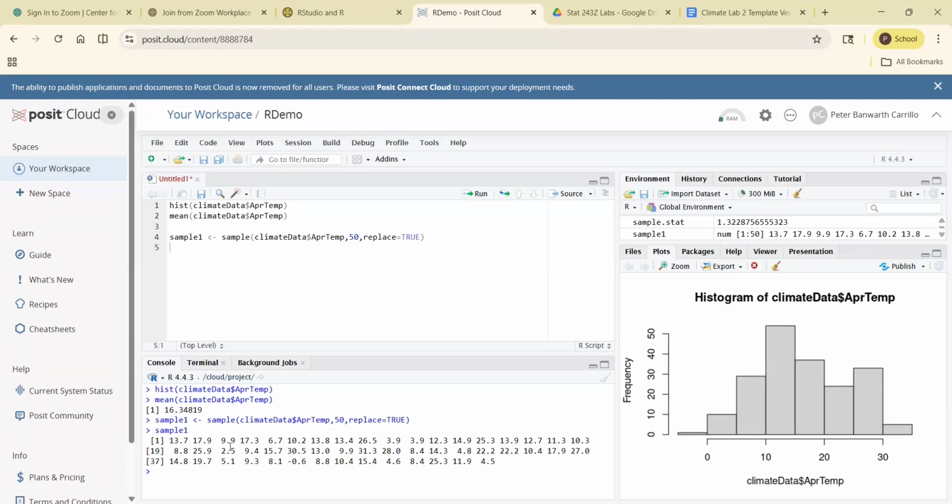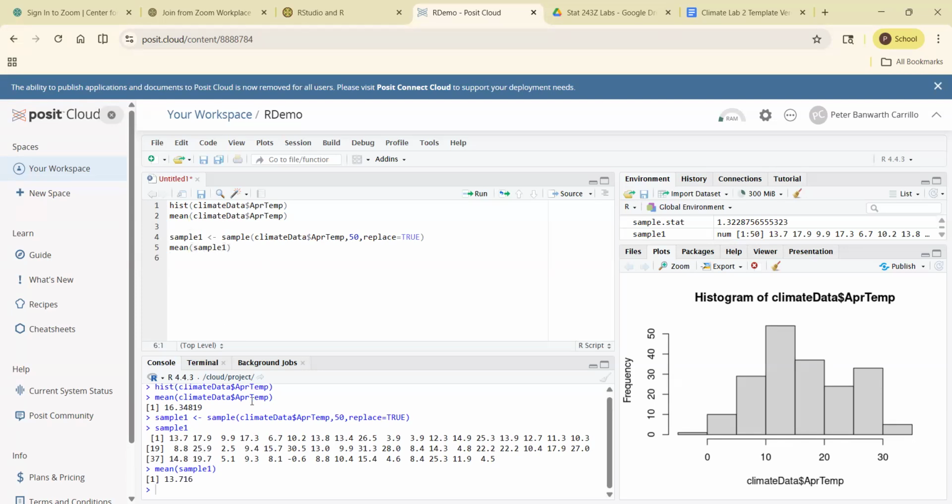It's a bunch of different observations of temperatures. Here's 22.2, there's 22.2 again, so you can have the same observation more than once. And if we look at the mean of that sample, 13.76. So it's not exactly equal to 16.3, but it's fairly close.